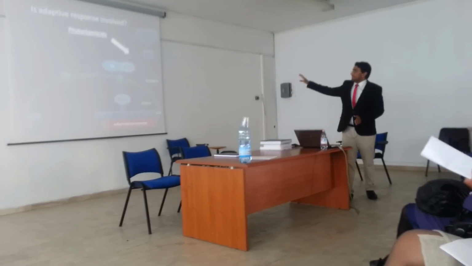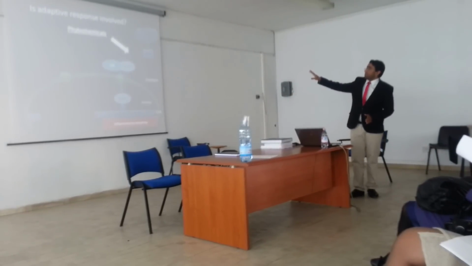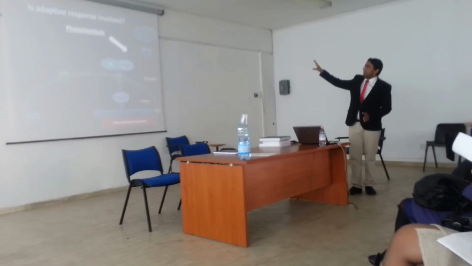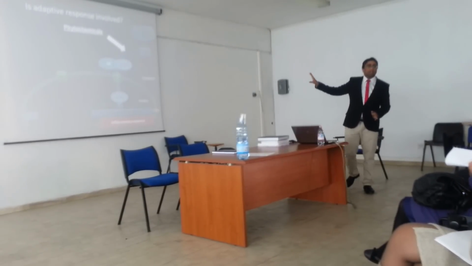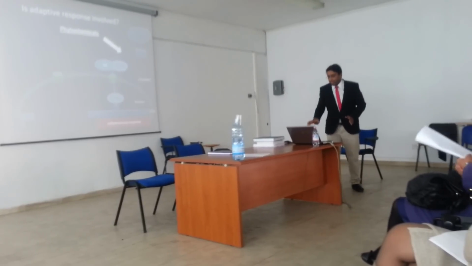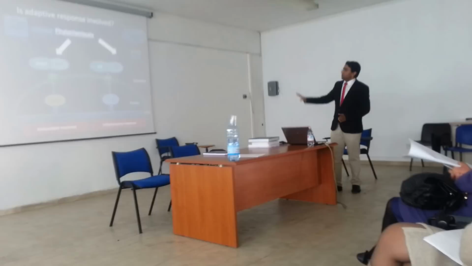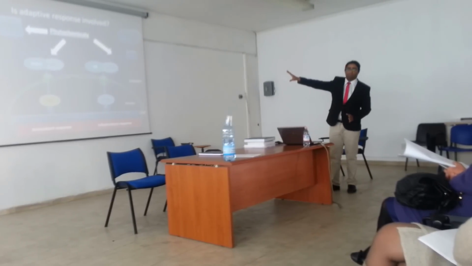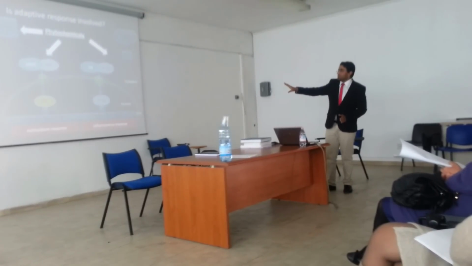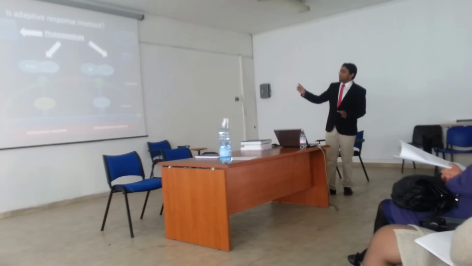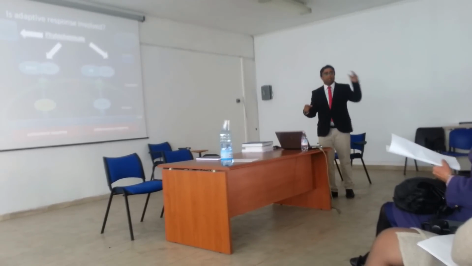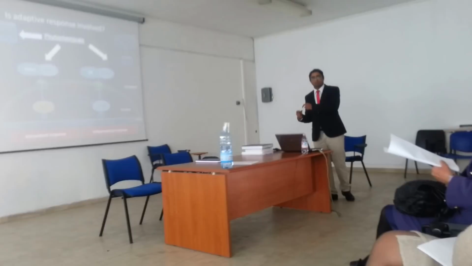So this is the classical pathway, where TNF-alpha activates NF-kappa B, and NF-kappa B activates various adhesion molecule genes. And this other pathway we are talking about is the NRF2 cytoprotective pathway. So we come to the conclusion that NF-kappa B is inhibiting NRF2, and NRF2 is inhibiting NF-kappa B.